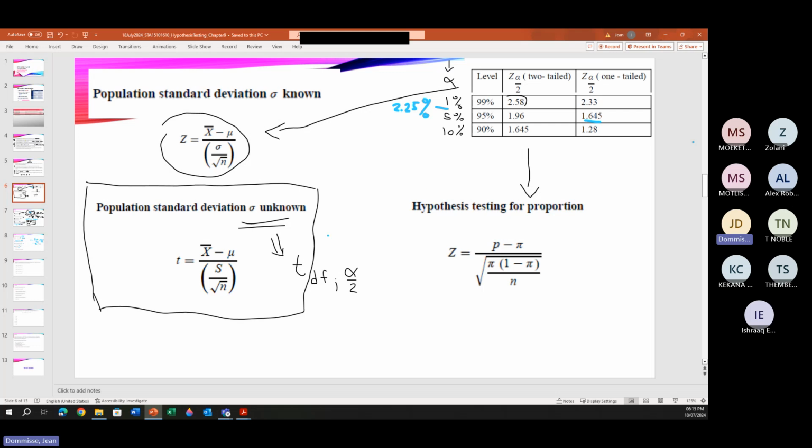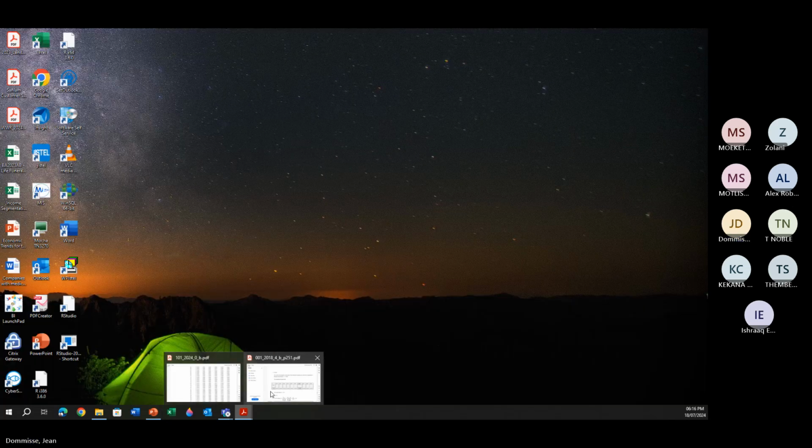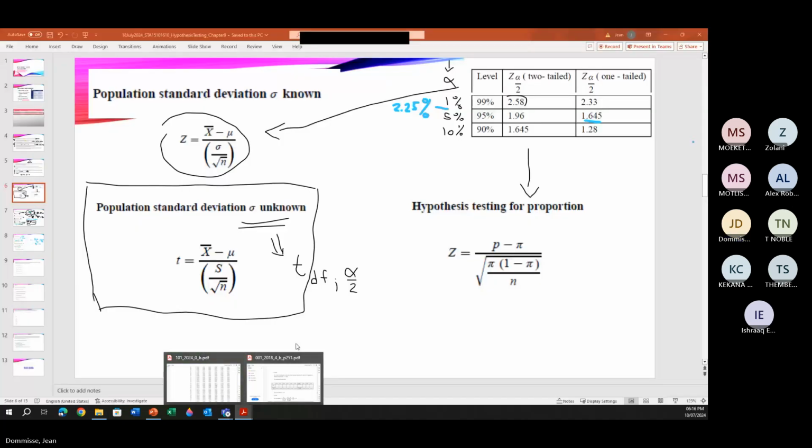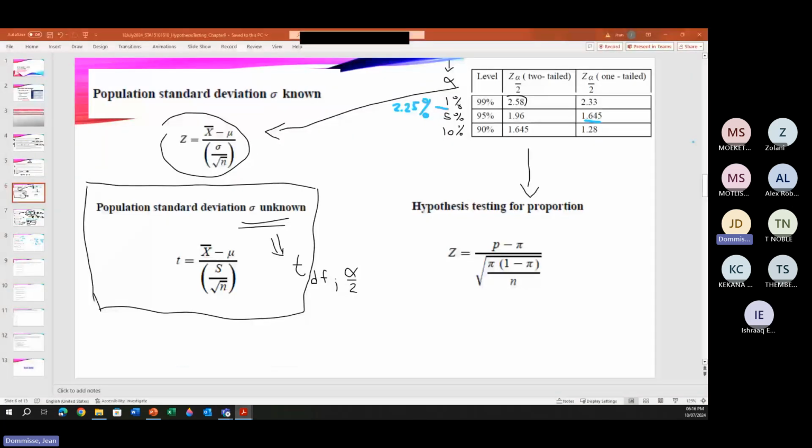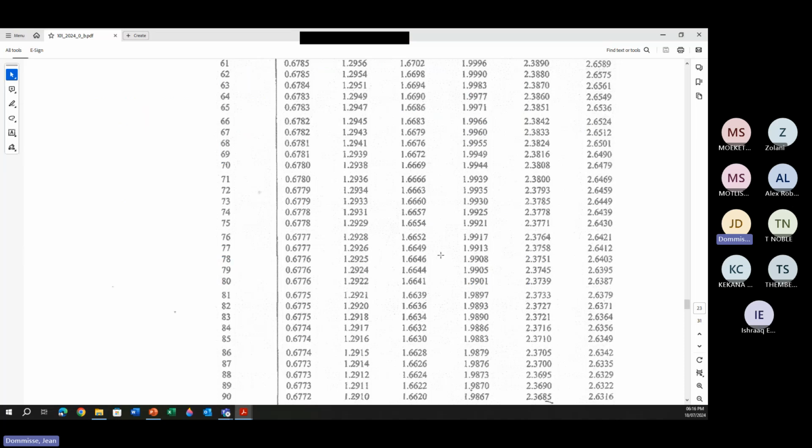Okay, so let's work that out, and I want to show you how to do it. Again, we will not get something like this in your exam, but assignment wise, they do this sometimes.